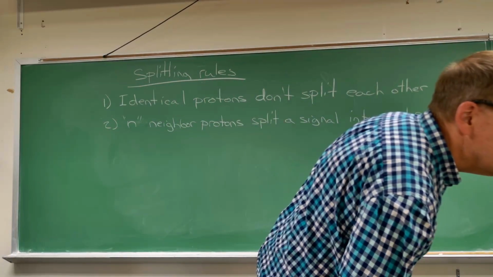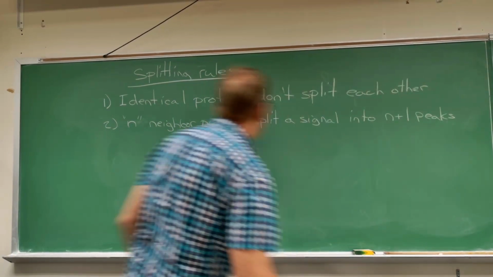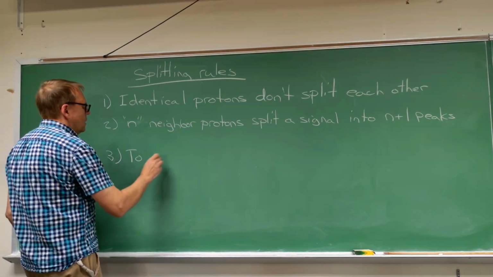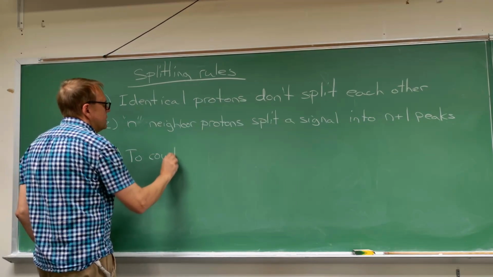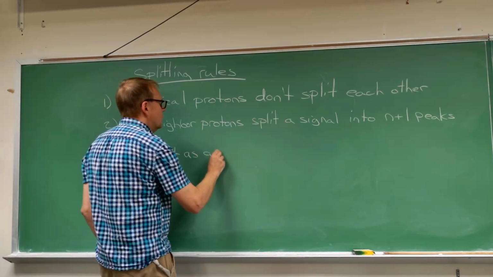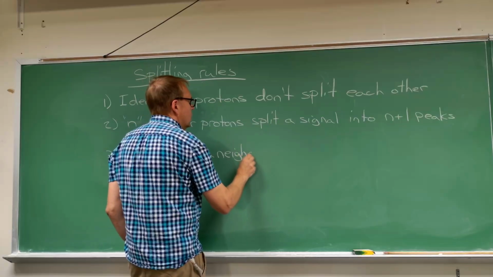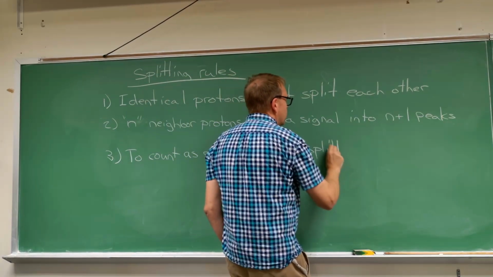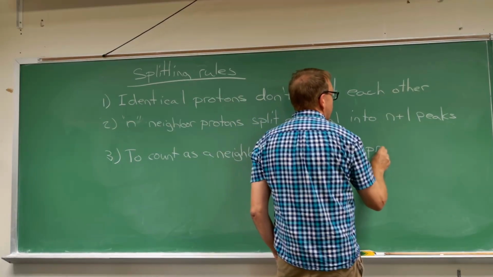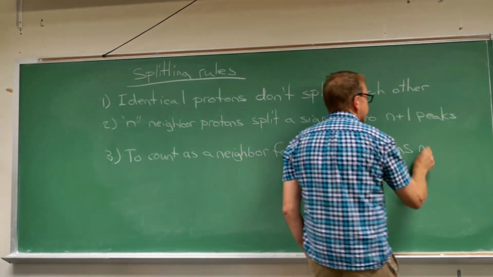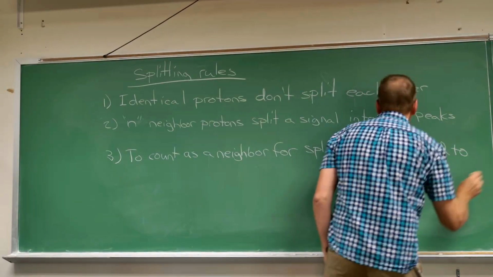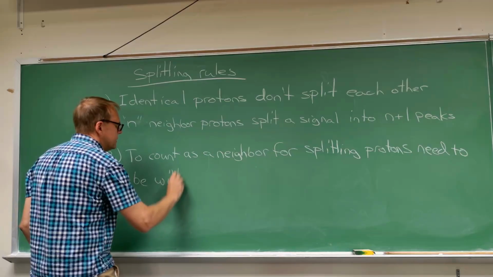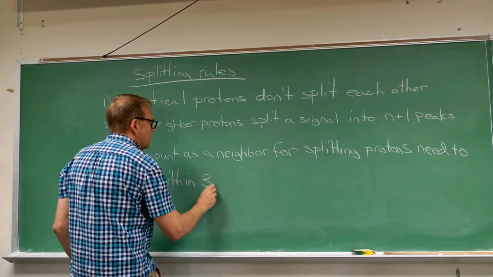Third rule is that to split each other, protons need to be nearby. And maybe what I'll say is, to count as a neighbor for splitting, protons have to be within 3 bonds. I'm going to define it quantitatively.